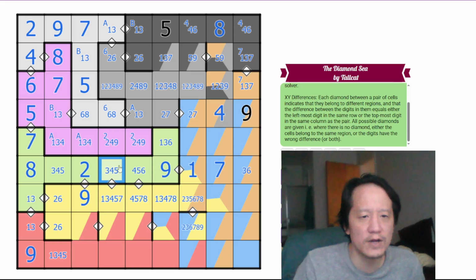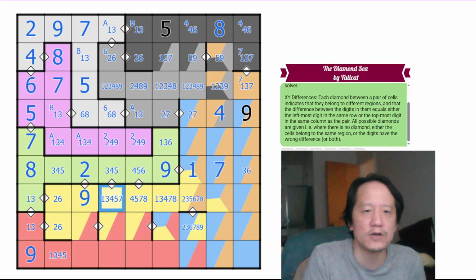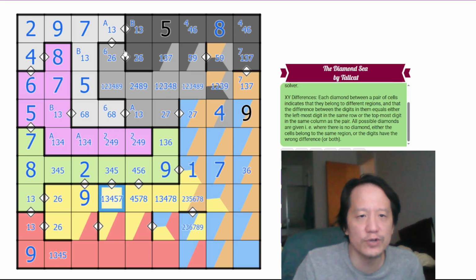So if it's 5, it could have a difference of 1. It cannot be 6, it could be 4 already. If it's a difference of 3, it cannot be 2, it would have to be 8 here. But if there's a difference of 3 here, this would then be 6, which would eliminate 6 here, so this would be 8.